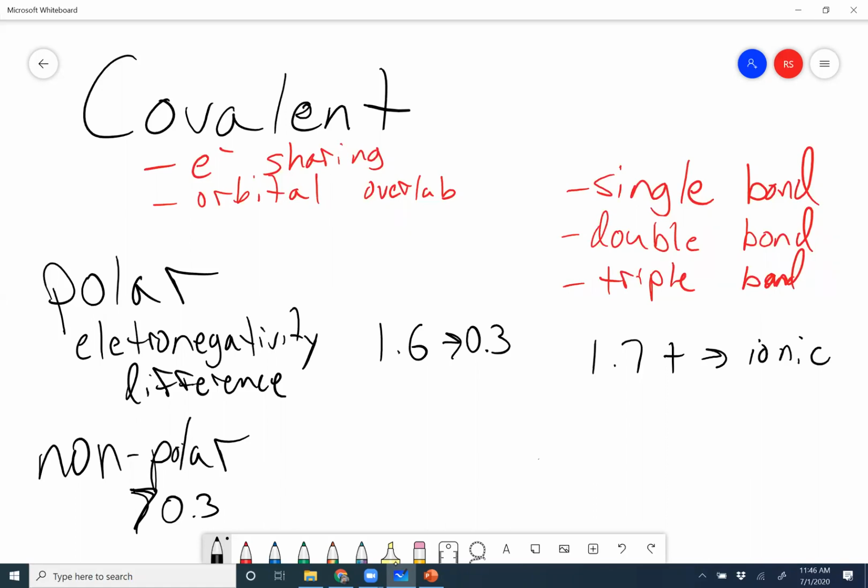So if you have an electronegativity difference of less than 0.3, you are considered nonpolar. When atoms bond together with themselves, say for instance the oxygen that we breathe, that's a nonpolar bond, because both are 3.5, so the difference between them is 0. So they are nonpolar.